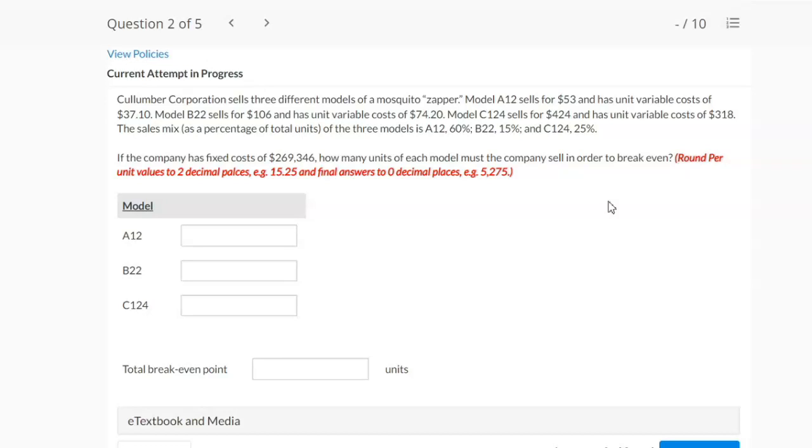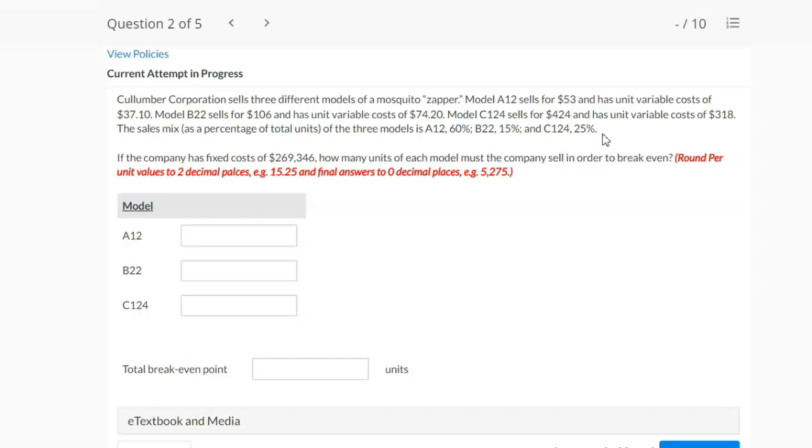So what's it for A12? A12 is $53 minus variable cost of 37.1. So the contribution margin for A12 is 15.9.